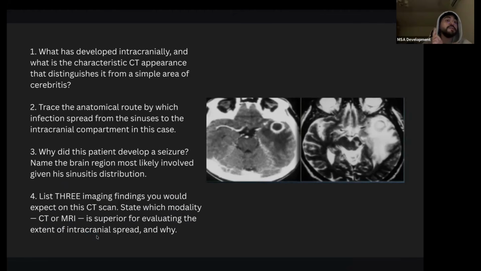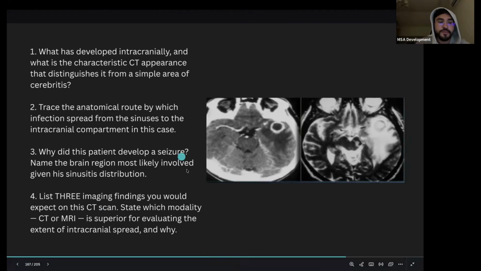Now, remember the first slide I told you. If I want to examine the brain parenchyma, that's going to be MRI. MRI is always superior to that, because it could show me the meningeal enhancement and if there's any cerebritis to rule out. So this is brain abscess. It was covered in the slides. That's why I thought I should bring it up here.